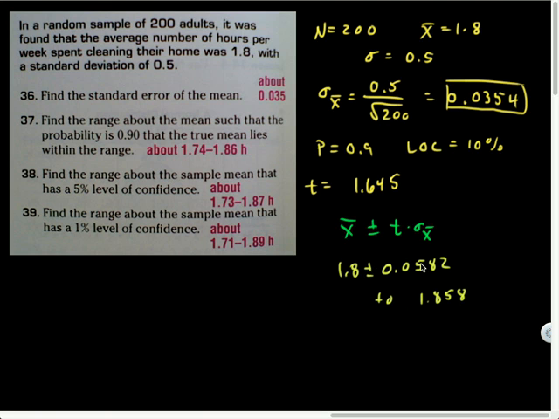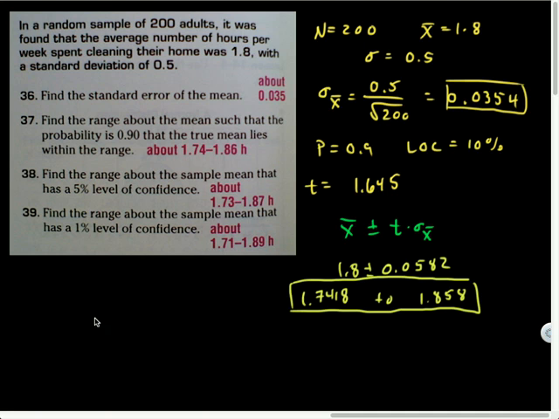If I subtract 0.0582 from 1.8, I get 1.7418. That is my interval that has a 90% likelihood of containing mu, the true mean.